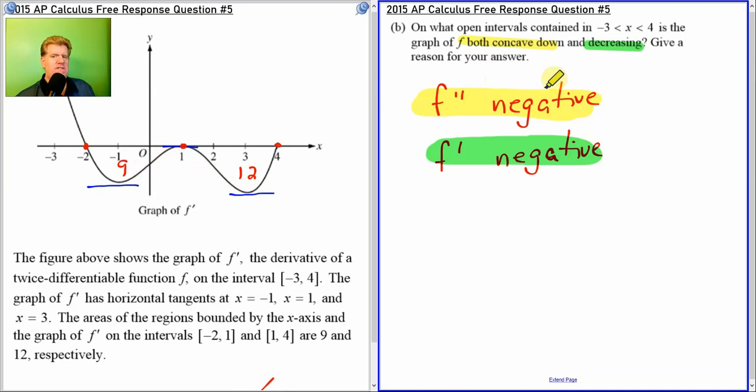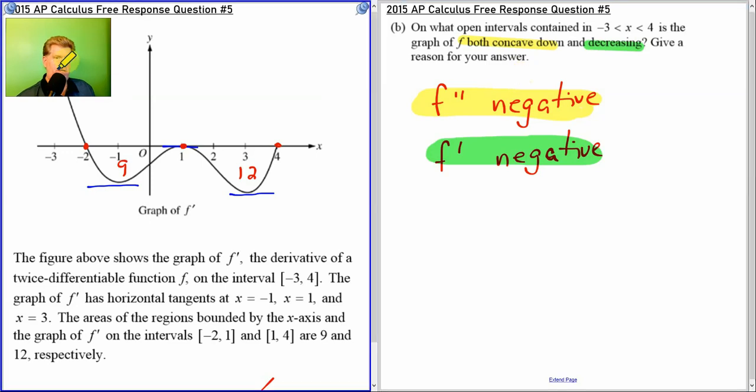And its derivative is negative when the slopes are negative. So from here to here, its slopes are negative. It's decreasing. It's increasing. And then from 1 to 3, the first derivative has a negative slope. That's the thing you got to be really careful of and make sure you understand.